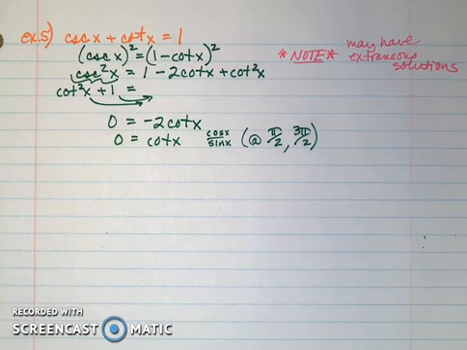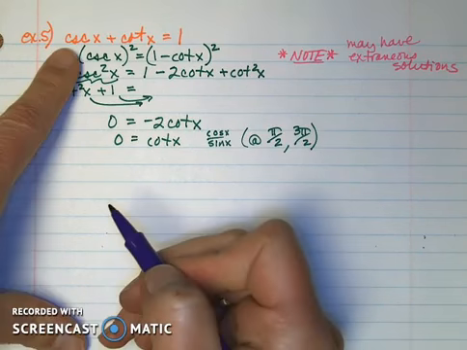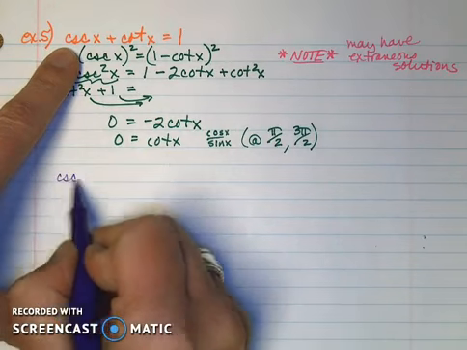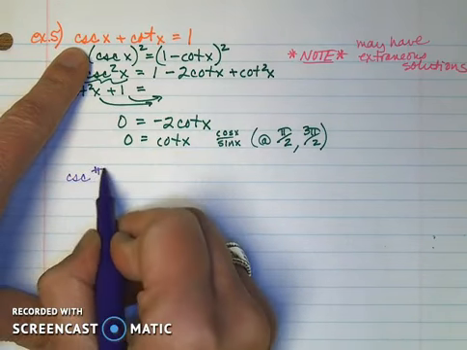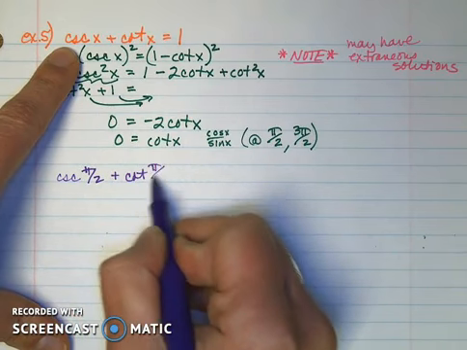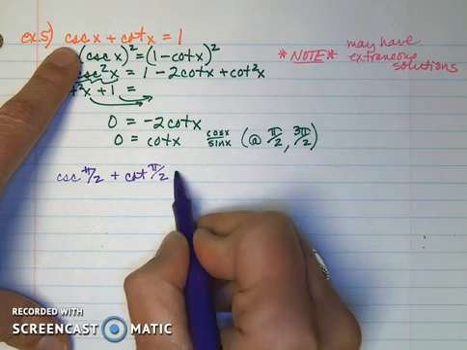I'm going to go to a different color. Let's go to purple. All right, so I'm going to go back up here to the original problem. If I've got cosecant at pi over 2 plus cotangent at pi over 2, does that equal 1?